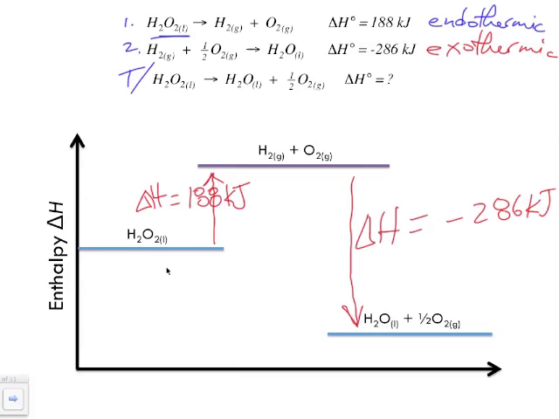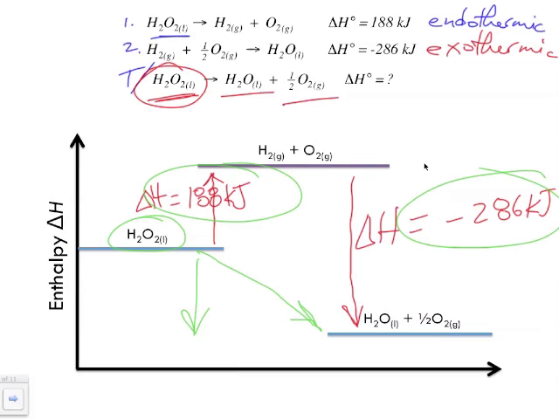But now if we look at this target equation, we are starting off with hydrogen peroxide and ending off with water and oxygen. So this target is going from here down to here. Let's look at this new change in enthalpy, which is the sum of these two together.